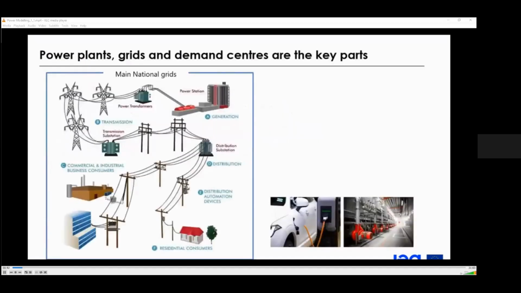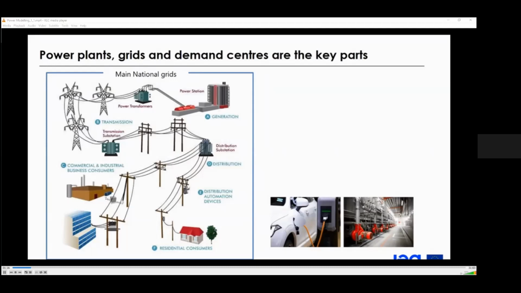As we all know, power systems are very complex systems. They have a multitude of actors, multitude of elements and interaction between them. I'd like to focus on the most important ones here. So first, the demand side of things. You can see here the different centers where electricity is consumed, be it households, industries and businesses, commercial facilities.